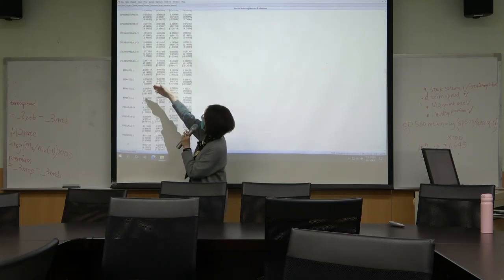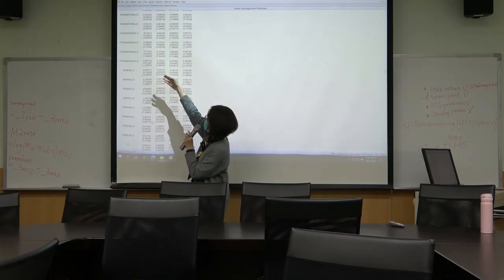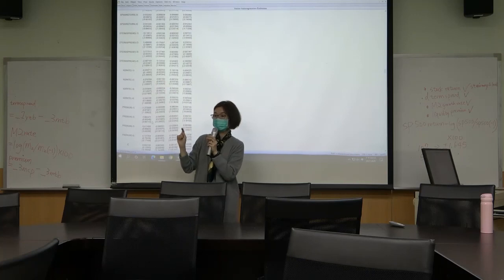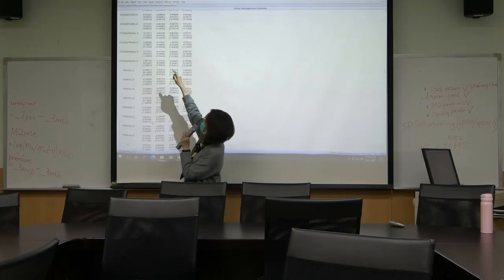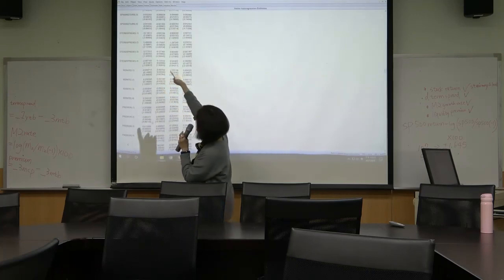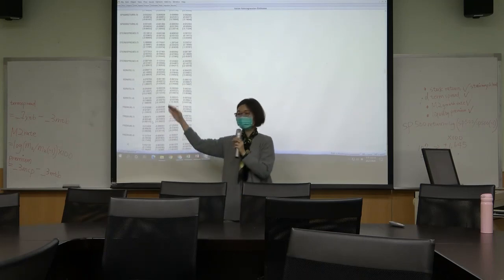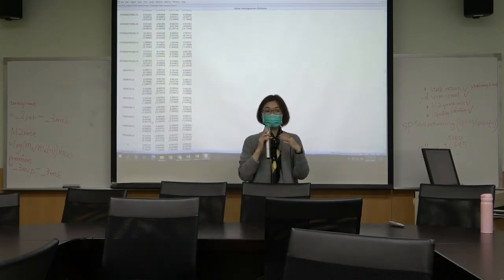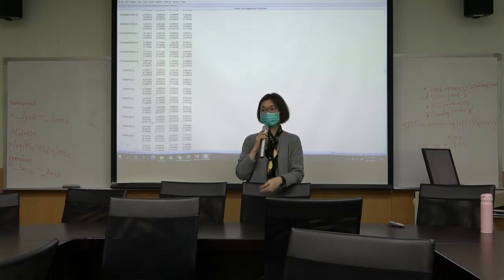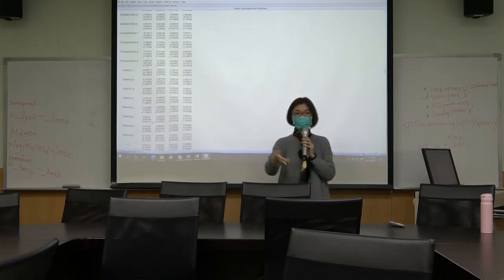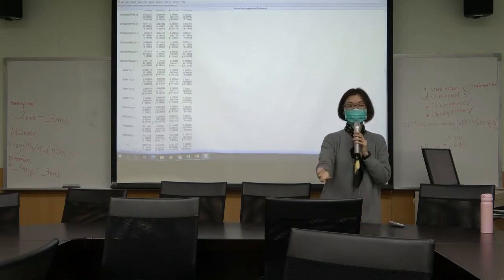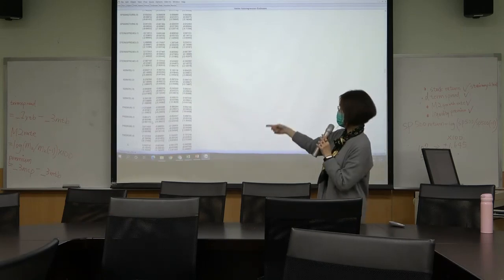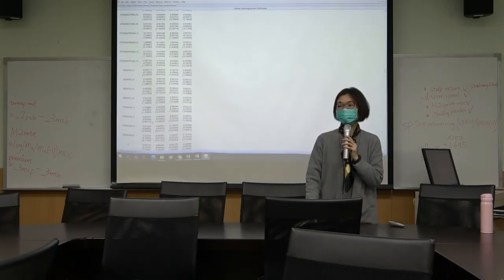But the M2 growth, the term spread after we take the first difference, and the previous stock return all have explanatory power for the current stock return. So I will have you report the results and put some explanations.